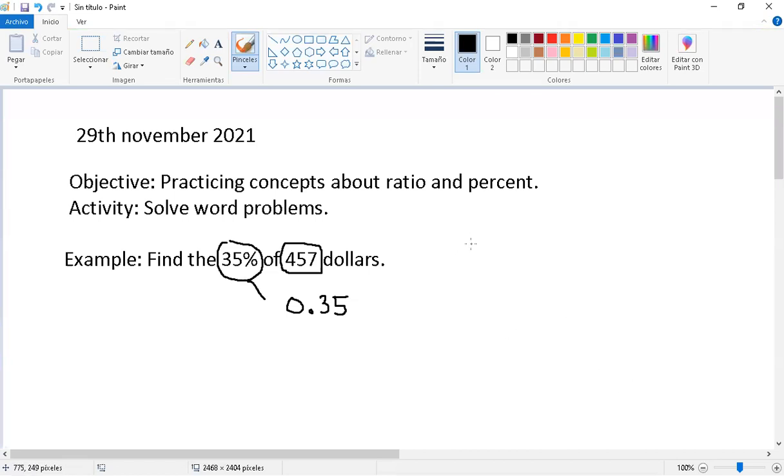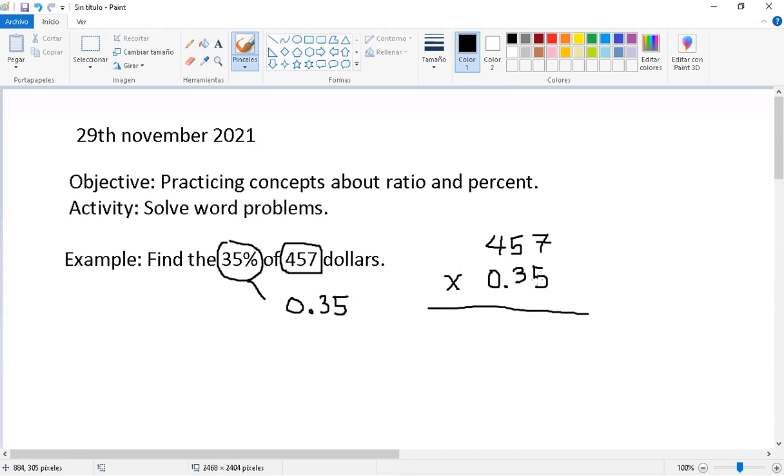So let's proceed. The procedure. We're going to write the number with more digits. In this case, it's going to be 457 times 0.35. Okay, so let's proceed. We do the multiplication.